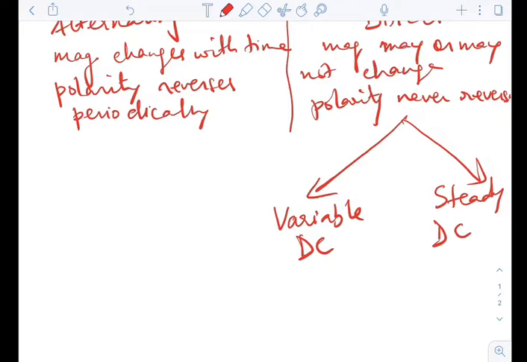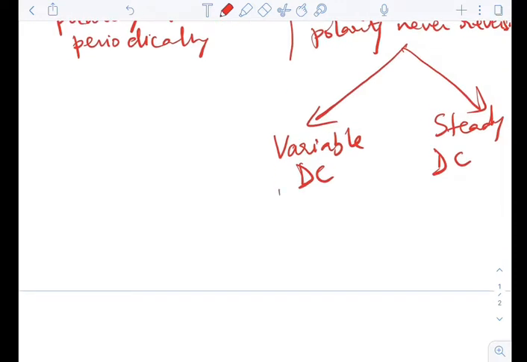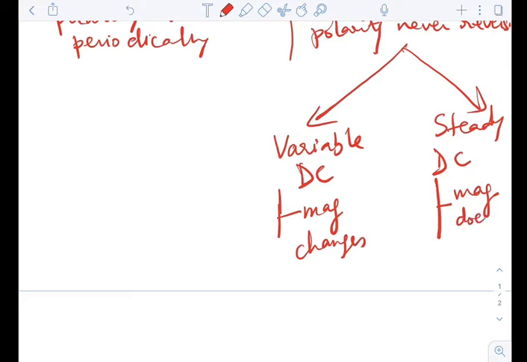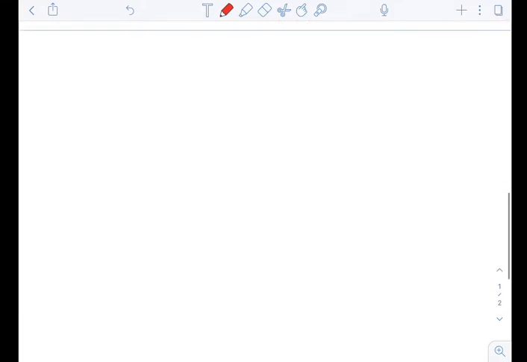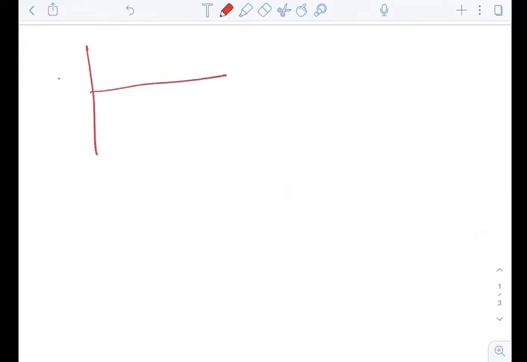Now, in variable direct current, magnitude changes with time. In steady direct current, magnitude does not change with time. If I come to a graphical representation, on a current and time graph, alternating current can be shown this way.